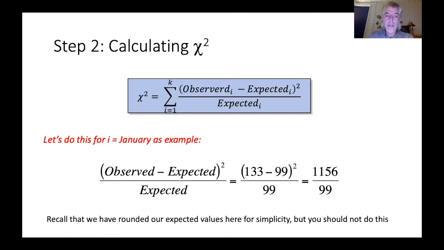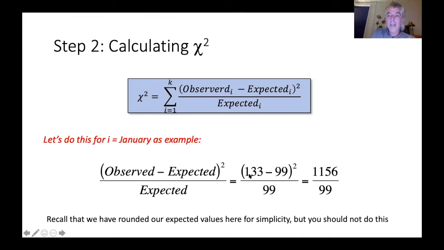So let's go ahead then and calculate our chi-squared test statistic from our sample. So if you remember, we're going to sum up across all of the months what the observed value is minus the expected value for that month squared divided by the expected value. So if we take January as our first example, for i equal to January, the observed value was 133 players in the NHL born in January.